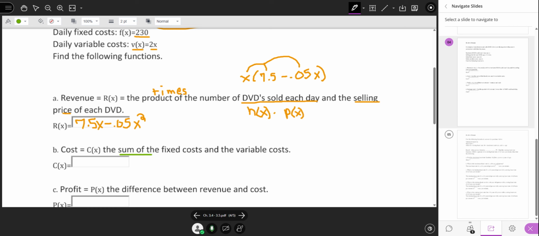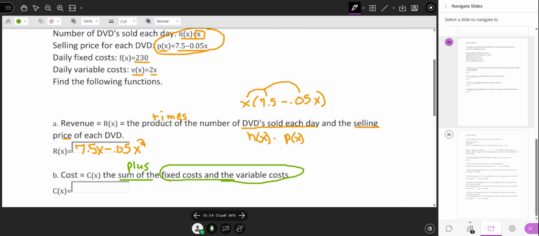The sum means add, plus. Your fixed and your variable costs. So you add these two. So 2x plus 230.